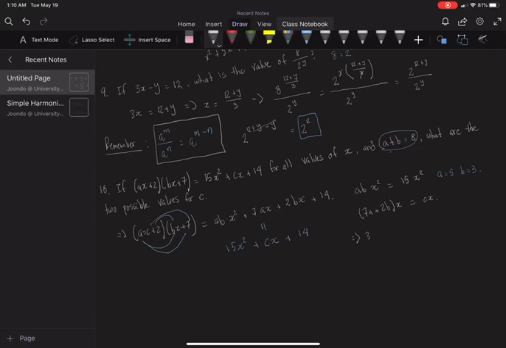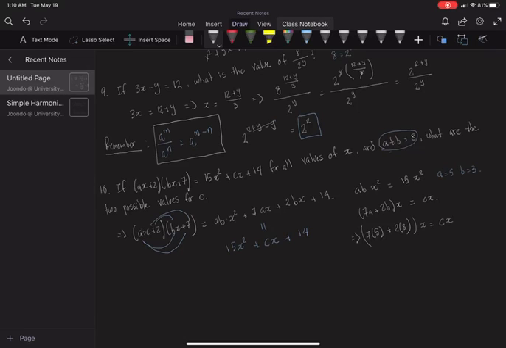Let's do step by step. 7 times 5, plus 2 times 3, all this multiplied by x has to equal cx. So 7 times 5 is 35, plus 6, that's 41.